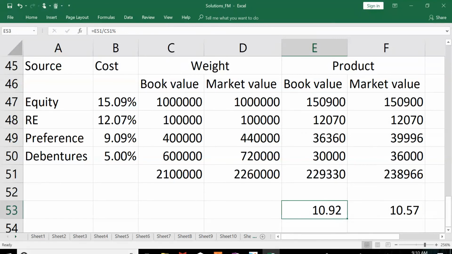This is the first part of the question, WACC. Again repeating, your main focus should be on step 1. Step 2 is just copy-pasting numbers.